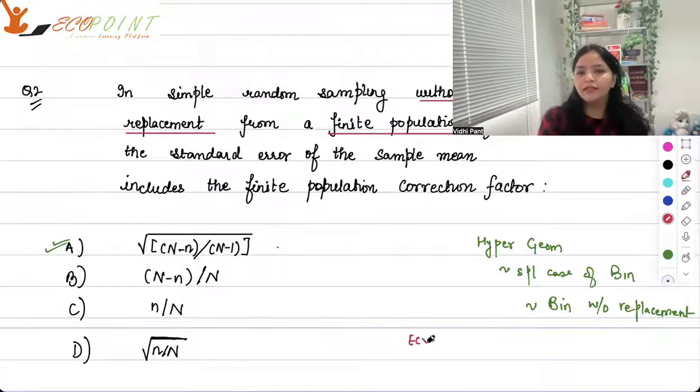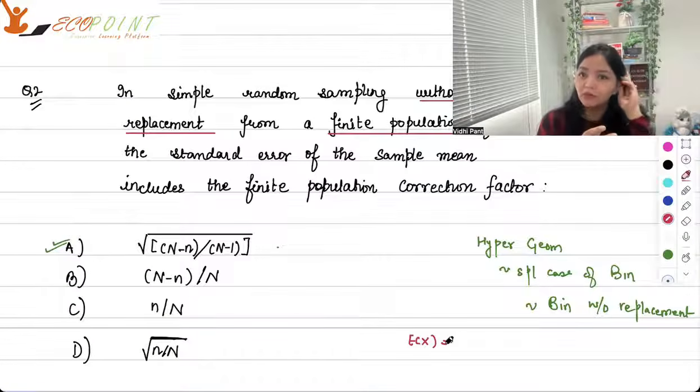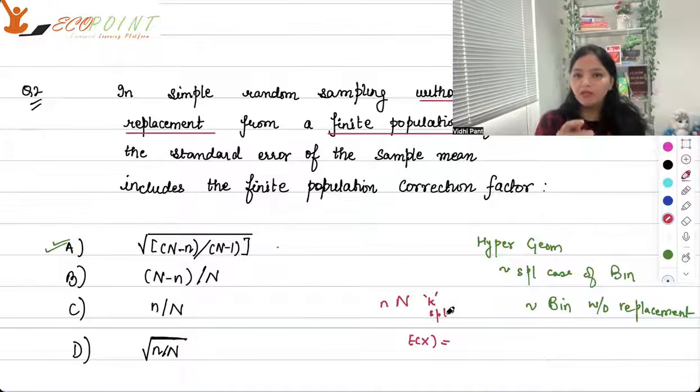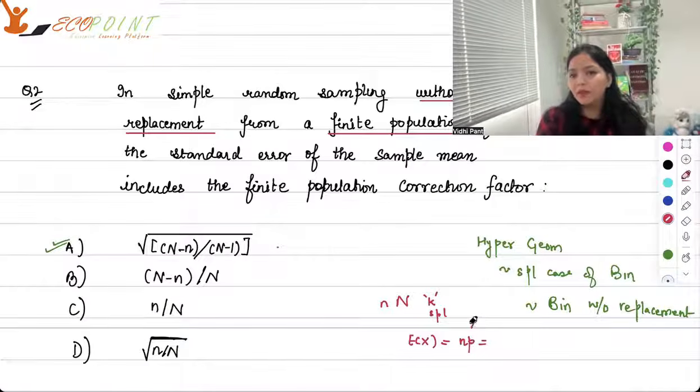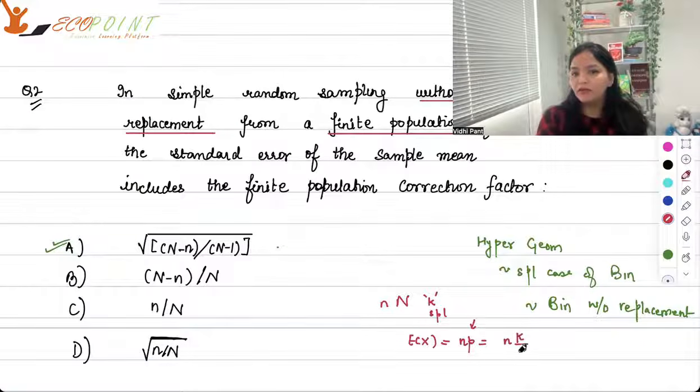So recall that the expected value in case of hypergeometric, if you are taking out a sample of n from the population N and you are taking out k special objects, this will be the same as binomial. Now the probability p of the special object: n is the sample and the probability from the population of capital N is k by N. So this is your expected value.